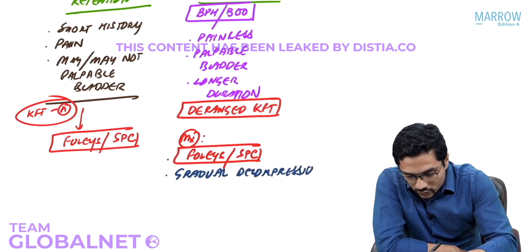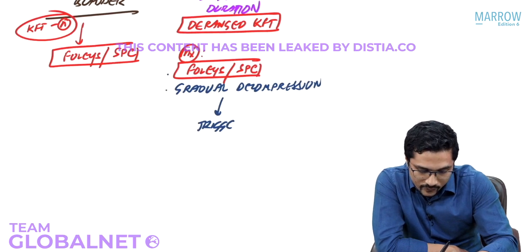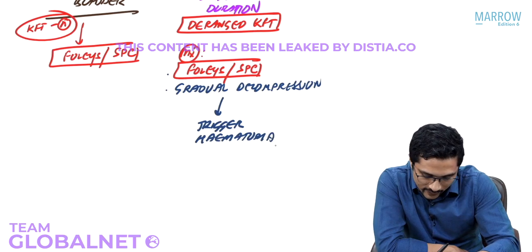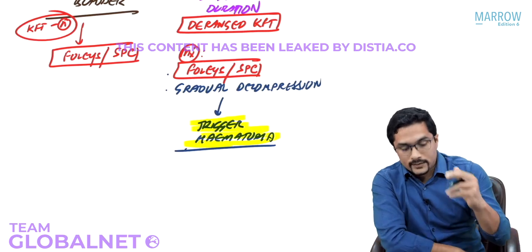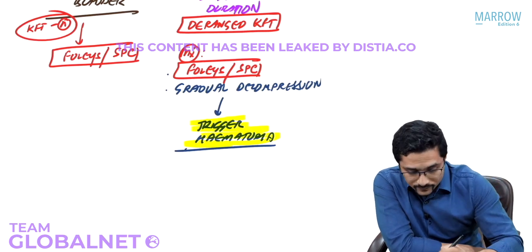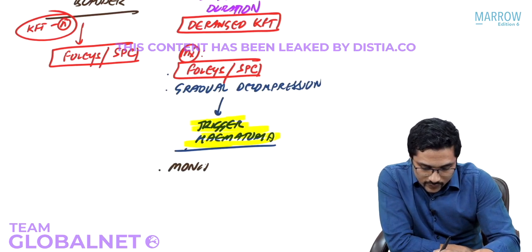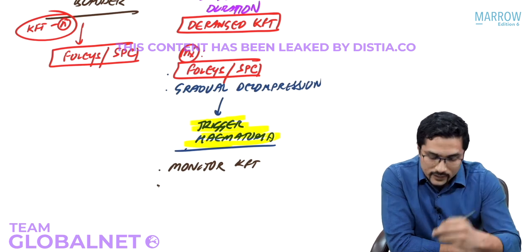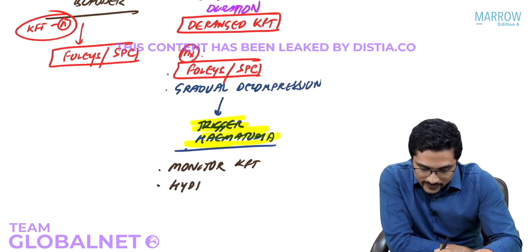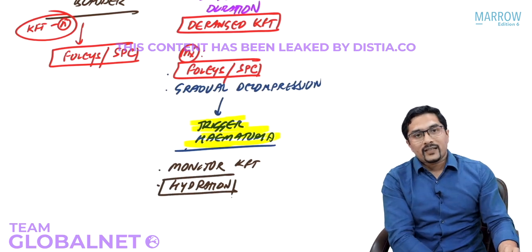Gradual decompression should be done, otherwise it can trigger hematuria because the vessels can get ruptured. So this is very important. Also, you need to monitor the kidney function tests. And after decompression, hydration needs to be done because usually these patients are found to be dehydrated.